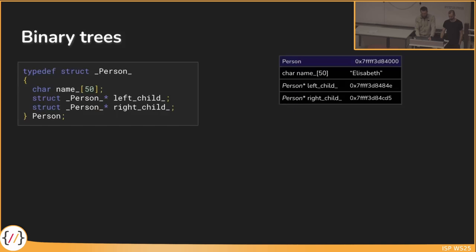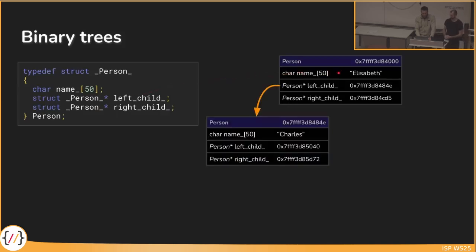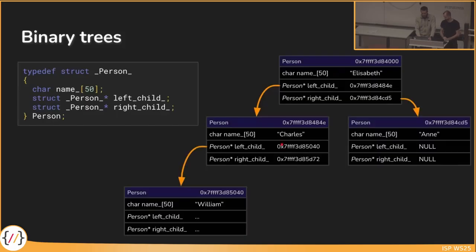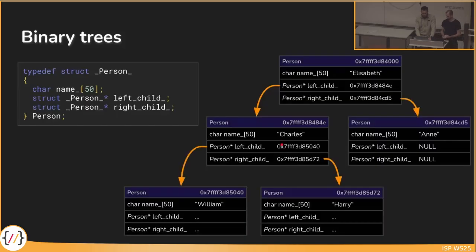In our visualization, this could look like this. We have Elizabeth, then as a left child Charles, then as a right child Anne. This goes on with the left child of Charles being William and the right child Harry. So for this binary tree example, it would not be possible to have more than 2 children.